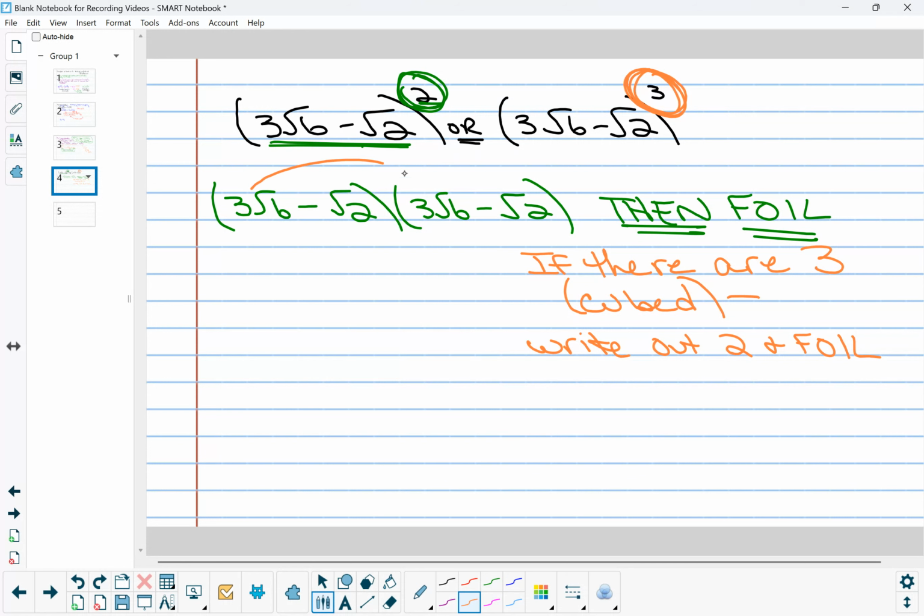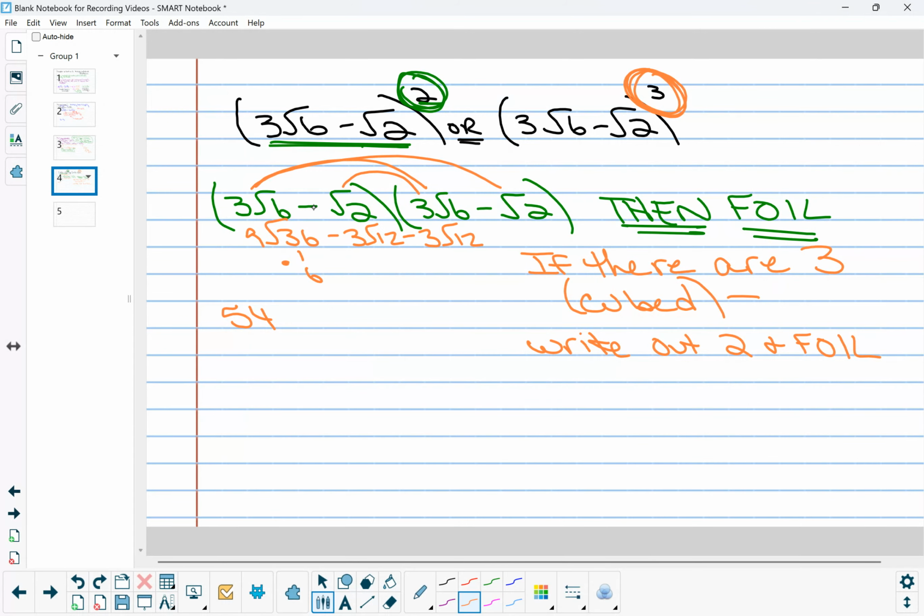All right, so 3 rad 6 times 3 rad 6 is 9 rad 36. And this is a 6. So 9 times 6 is 54. Then I get a 3 rad 12 minus 3 rad 12. This is another minus 3 rad 12.